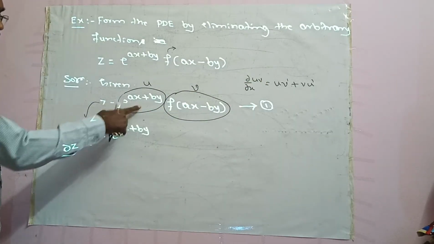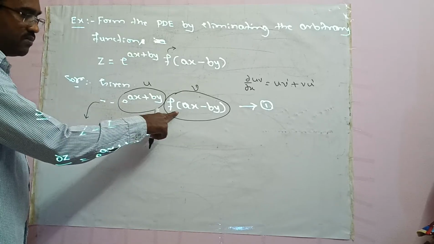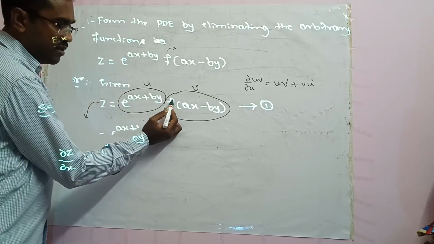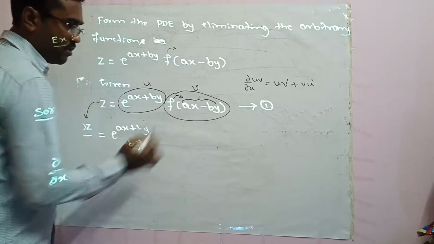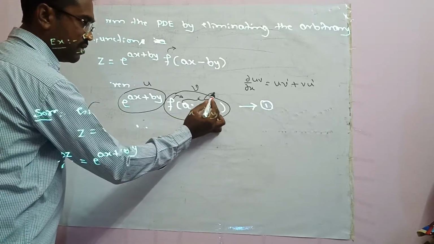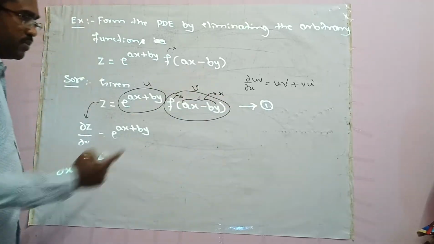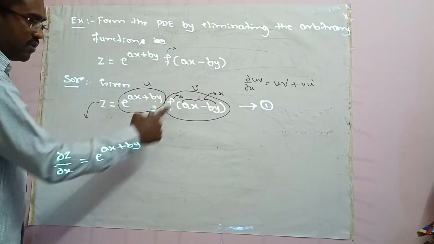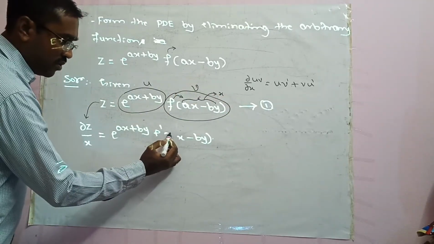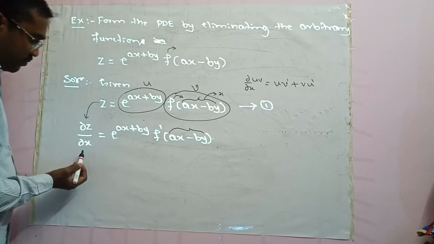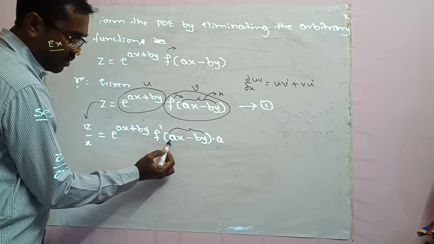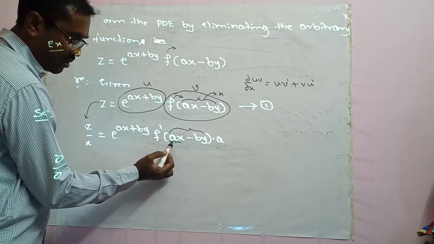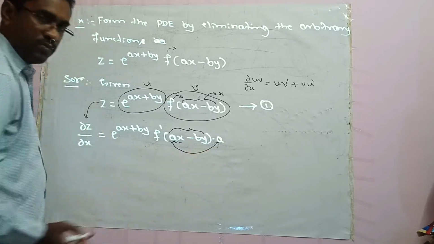u as it is, differentiation of this we do, but here it is a function of a function. f depends on this and this depends on x. So let us apply the chain rule. Differentiation of f is f dash into differentiation of this with respect to x. If we do, what you get is the differentiation of ax will be, a is a constant, as it is.